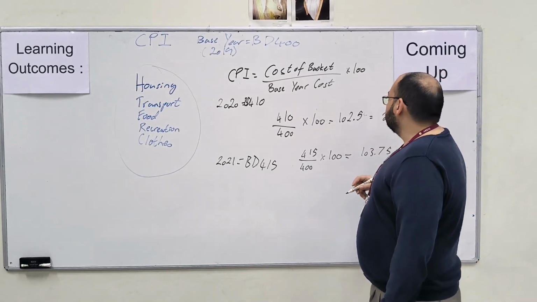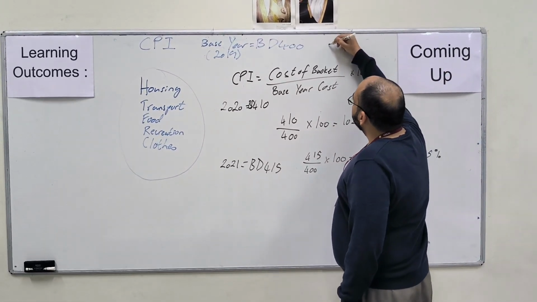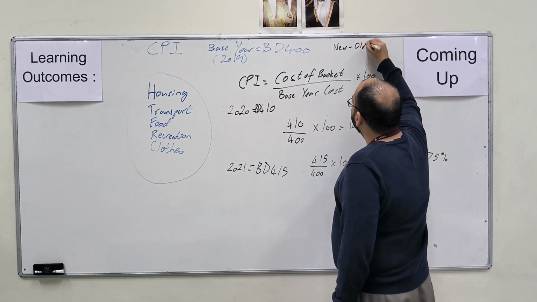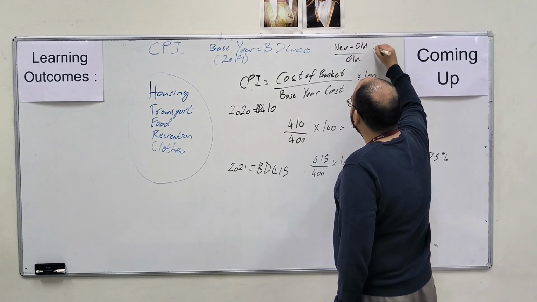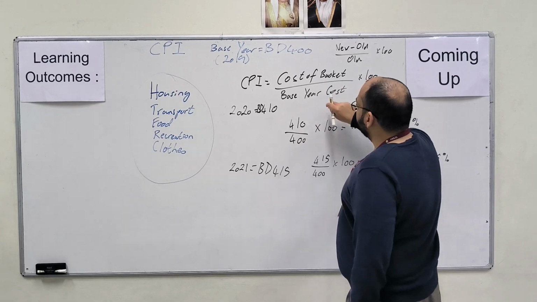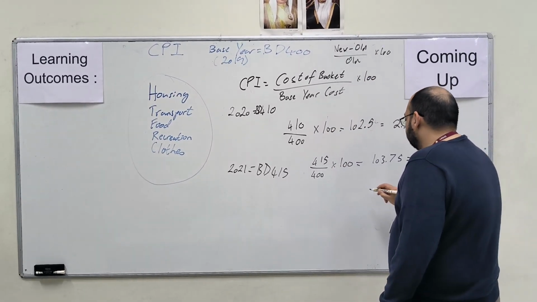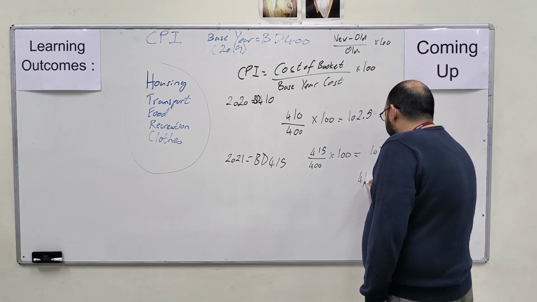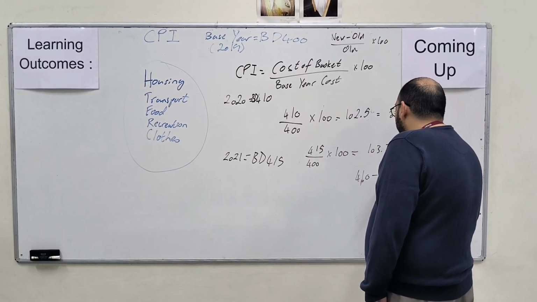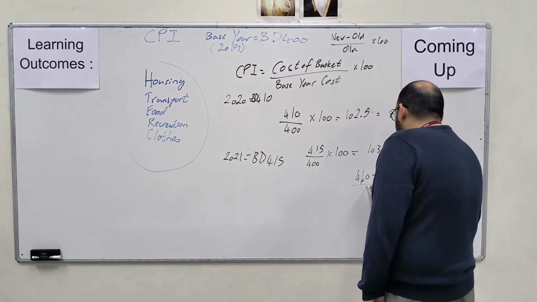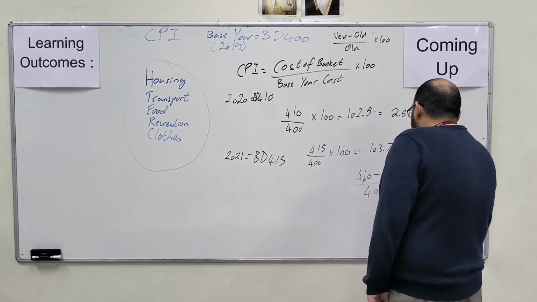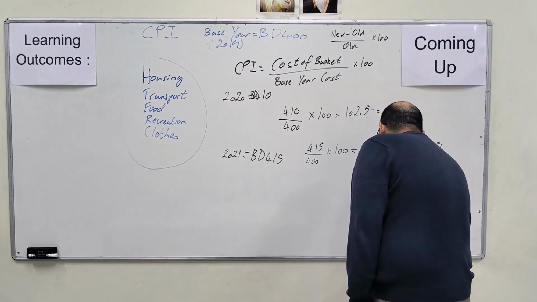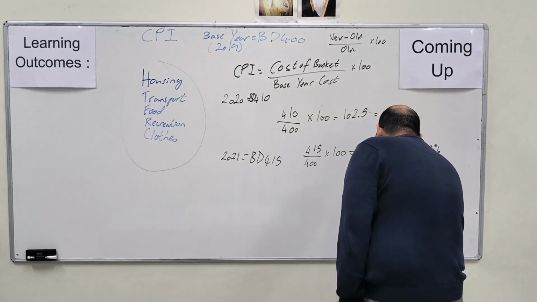But the other way to do it would be new minus old divided by old times 100. So in this case, for example, 410 minus 400 divided by 400 times 100 is equal to 10 over 400.